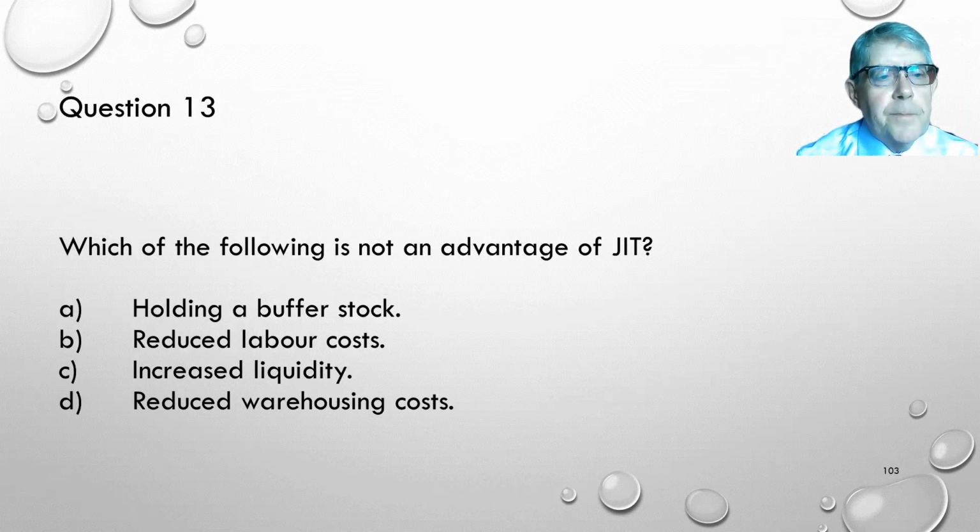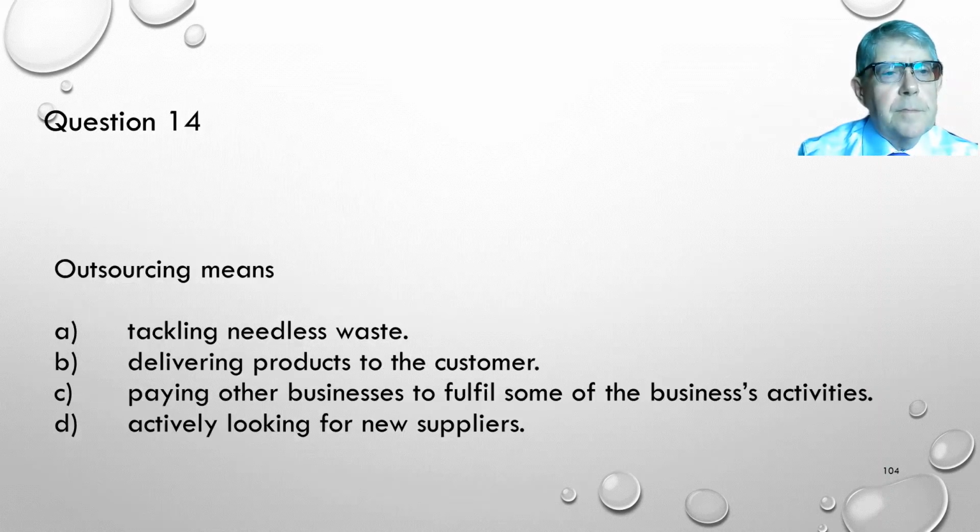Question 13. Which of the following is not an advantage of JIT? A, holding a buffer stock, B, reduced labour costs, C, increased liquidity, D, reduced warehousing costs? Question 14. Outsourcing means A, tackling needless waste, B, delivering products to the customer, C, paying other businesses to fulfill some of the business's activities, or D, actively looking for new suppliers.